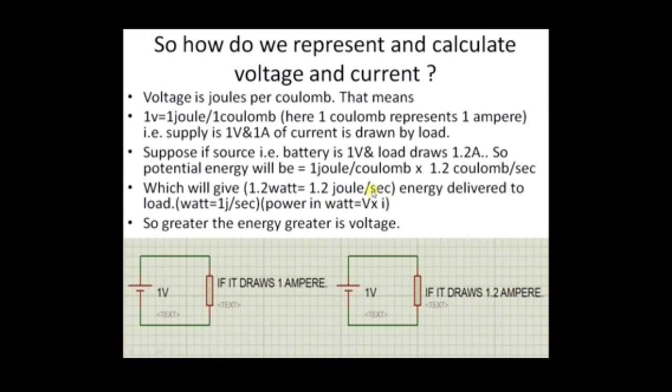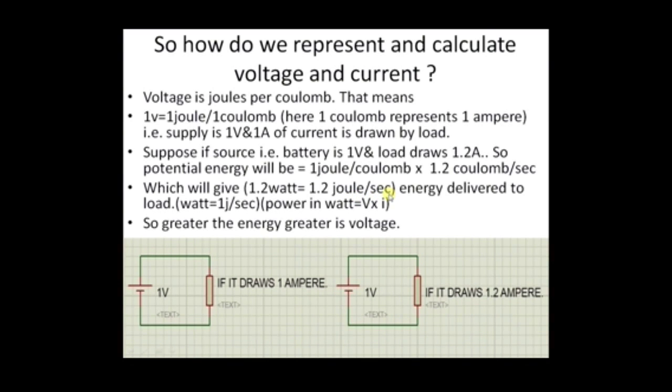So if 1 volt is supplied and the load is drawing 1.2 ampere, then power will be 1 joule per coulomb. This is the term of voltage, and 1.2 coulomb per second. This is the current. So power means voltage into current. So solving this, coulombs get cancelled, so it will be 1.2 joules per second.